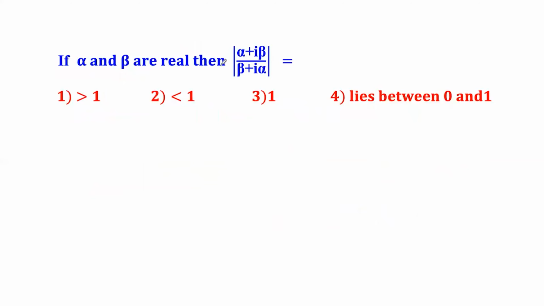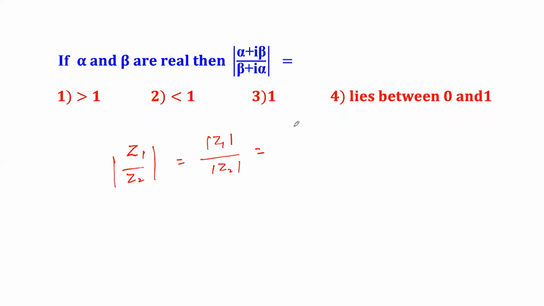Alpha and beta are real. Then we have to find the value of the mod of alpha plus i beta upon beta plus i alpha. See, we know that the mod of Z1 by Z2 can be written as mod Z1 by mod Z2.